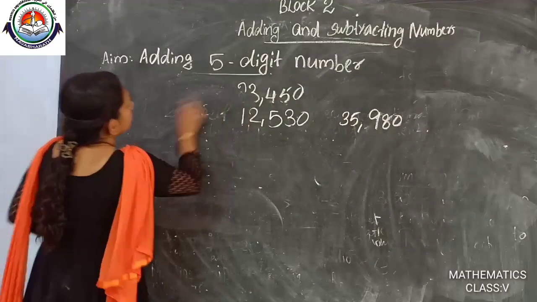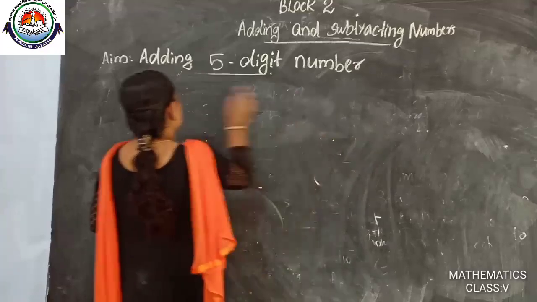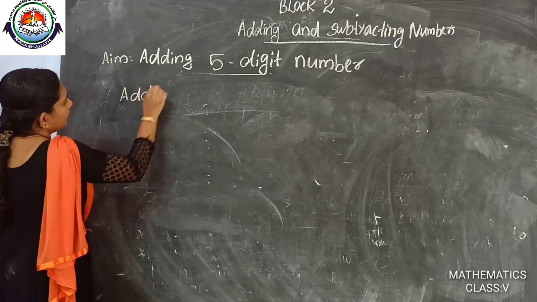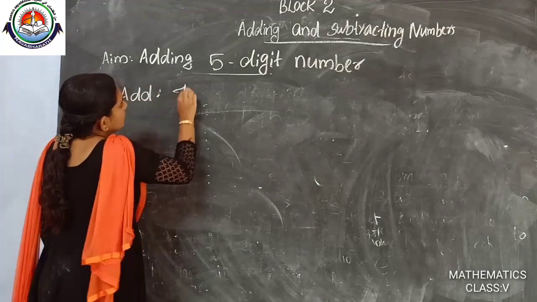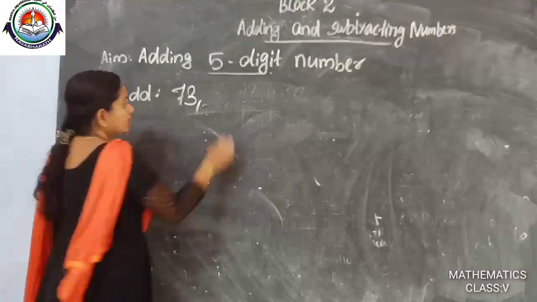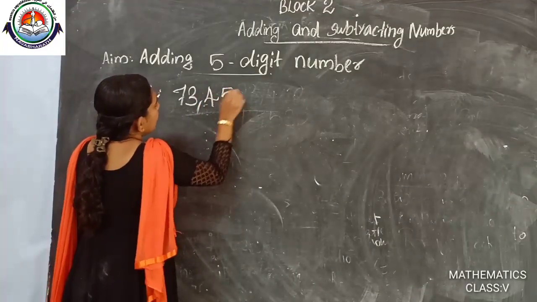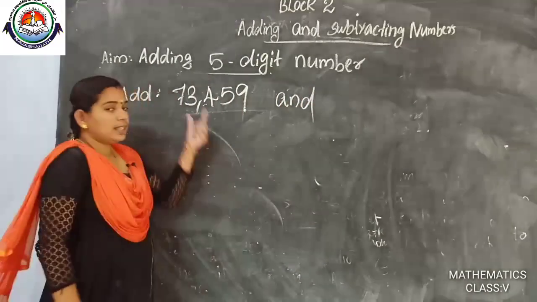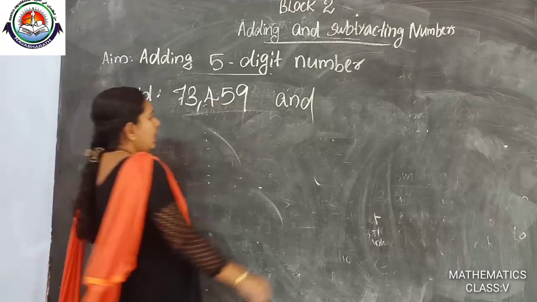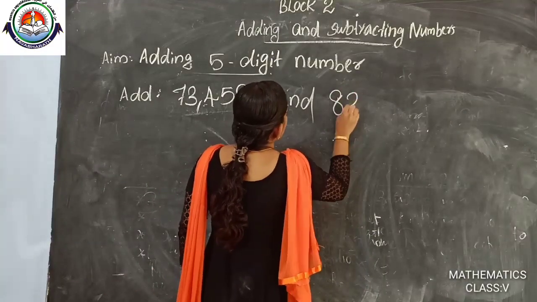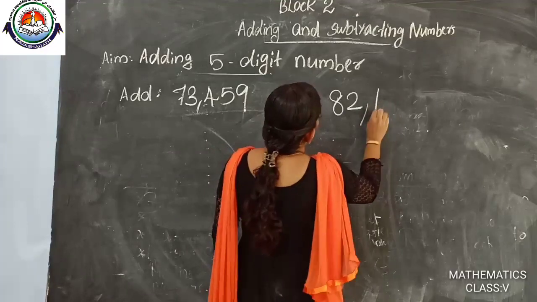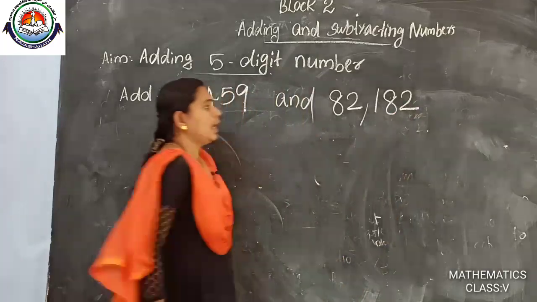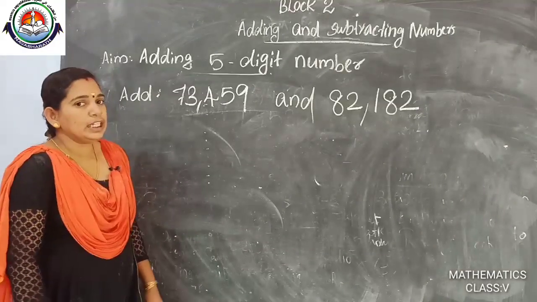Then another problem. Add 73,459 and 82,182.